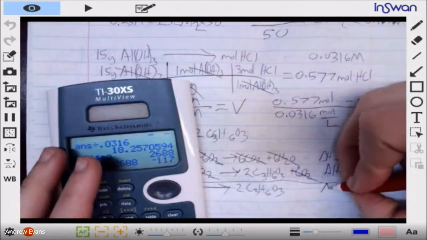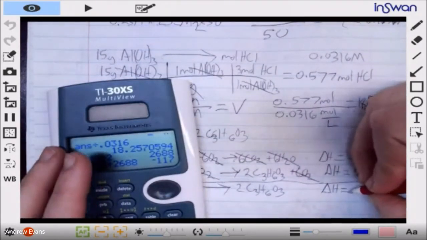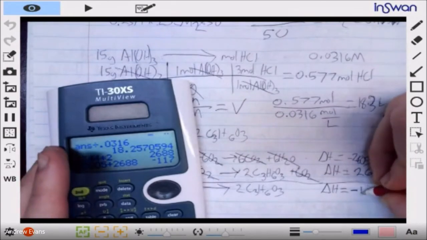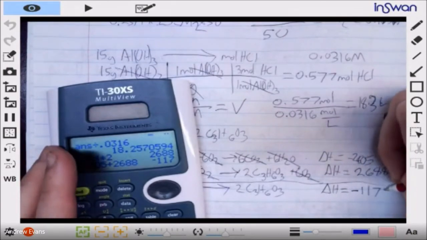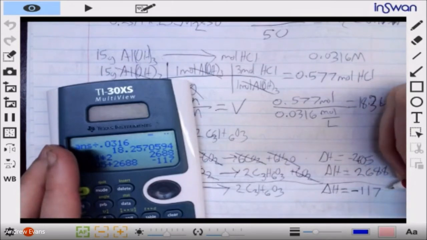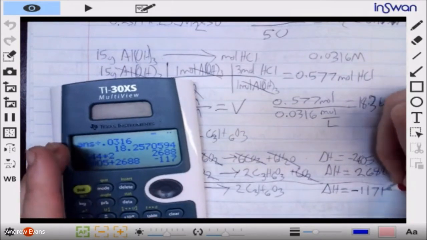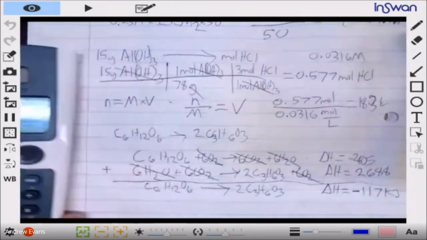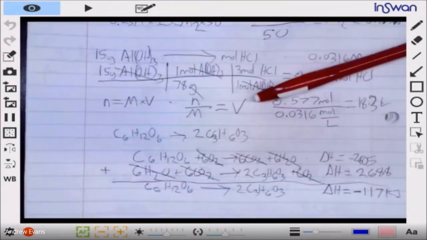So the delta H for this thing is negative 117 kilojoules of energy.